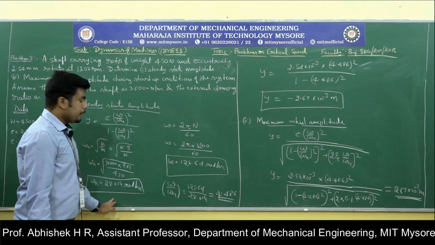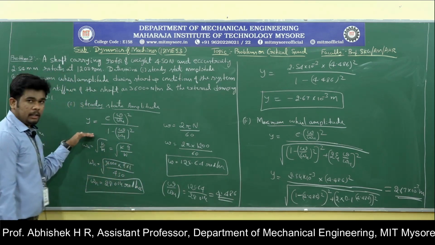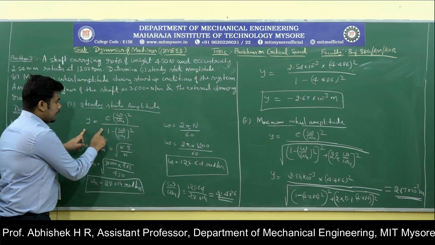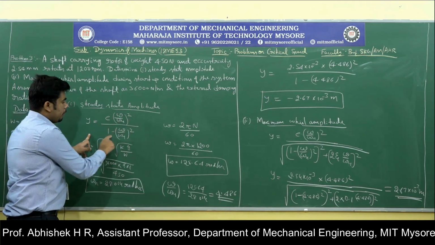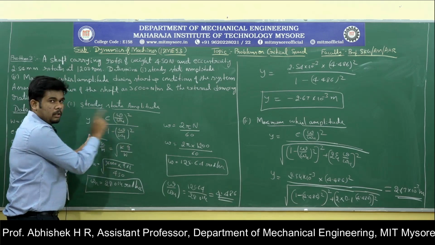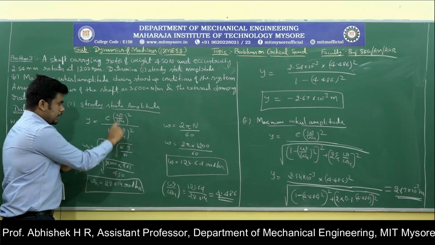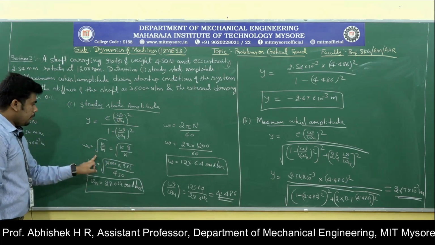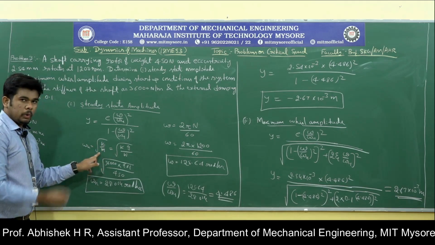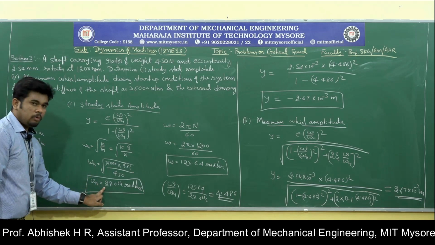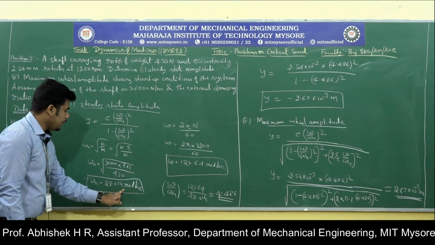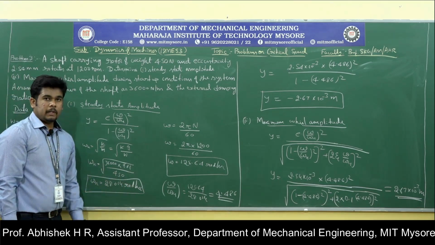One is for the steady state condition. For that we have considered the formula y is equal to E into omega by omega n whole square divided by 1 minus omega by omega n whole square. For omega n, we know the formula, that is square root of k by m. Using this formula I have calculated omega n as 28.014 radian per second.